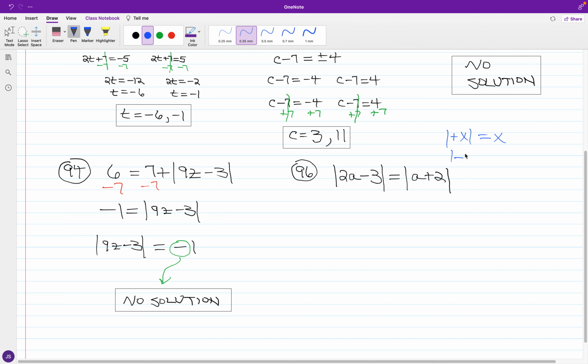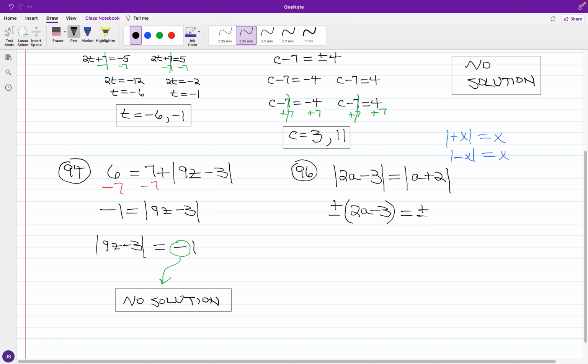The absolute value of negative x is also equal to x. So for the absolute value of 2a minus 3, one case is 2a minus 3 itself, and the other would be the opposite sign of 2a minus 3.